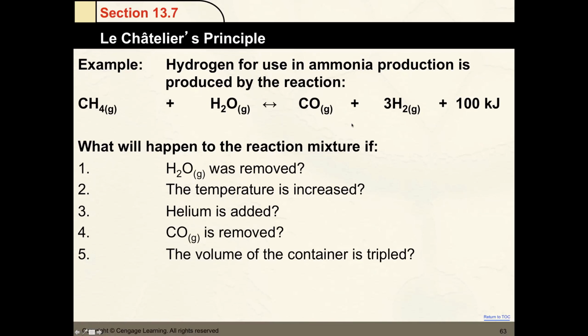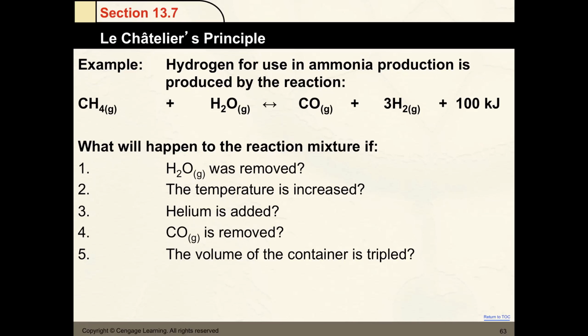How about if we tripled the volume of the container? Tripling the volume of the container would be very similar to decreasing the pressure of the reaction. You've got 2 molecules here that collide, and you have 4 molecules here that collide.